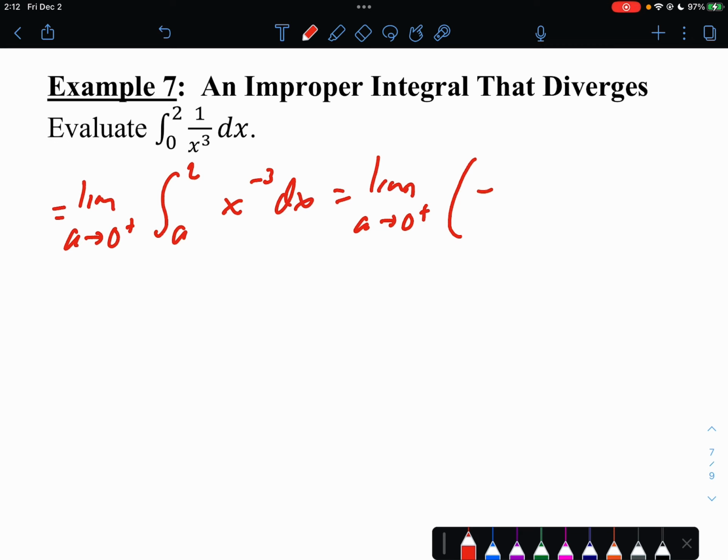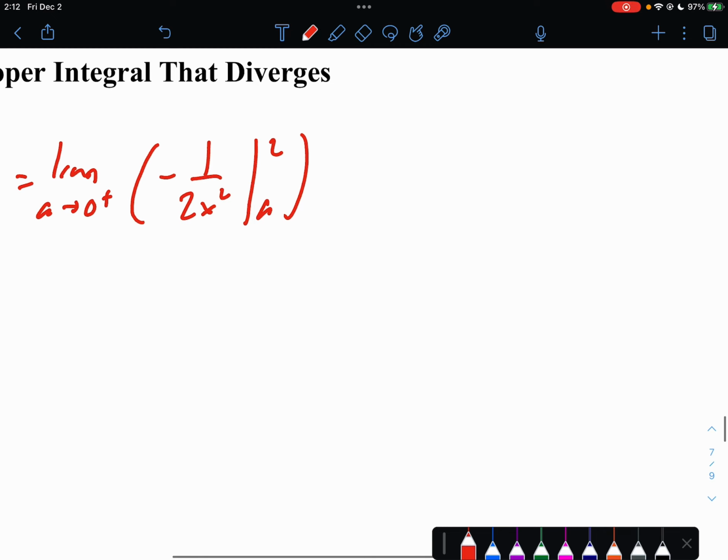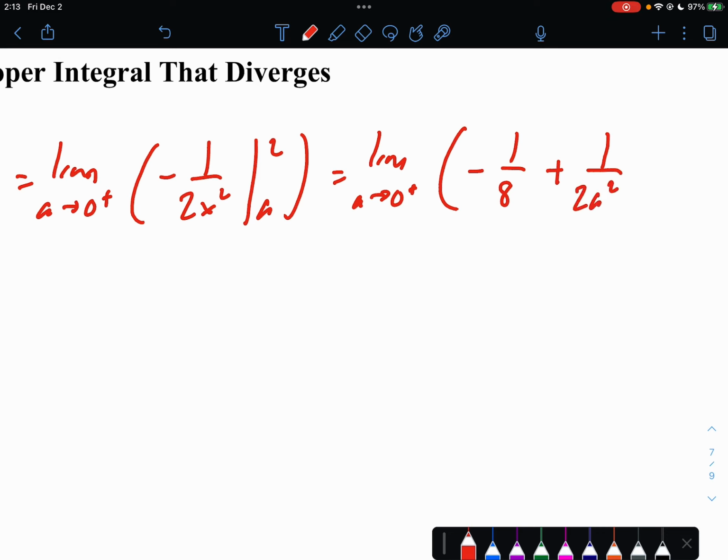So that would be negative 1 over 2x squared from a to 2. So that's limit as a approaches 0 from the right of negative 1 over 8 minus negative, so plus 1 over 2a squared.